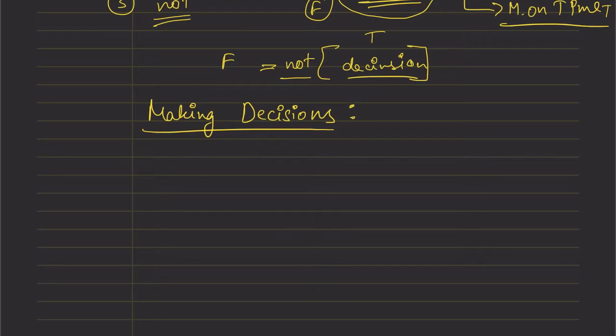The first situation can be that you have only one condition and only one result. In that case, you have to use the if statement to take the decision.